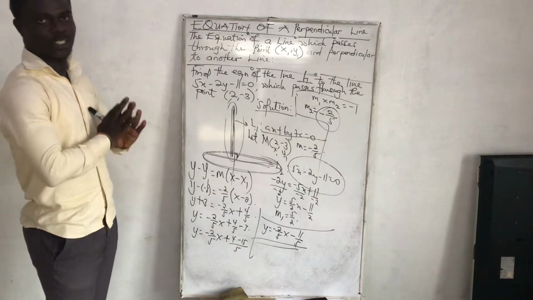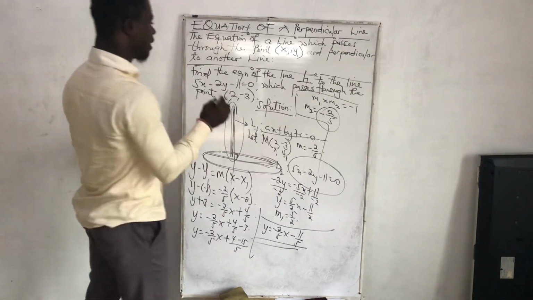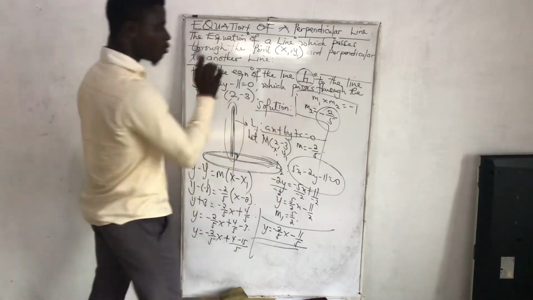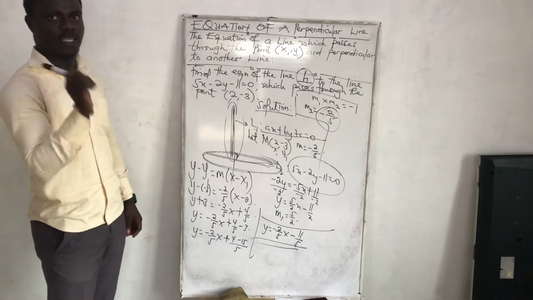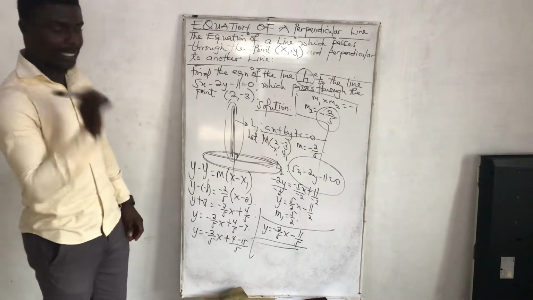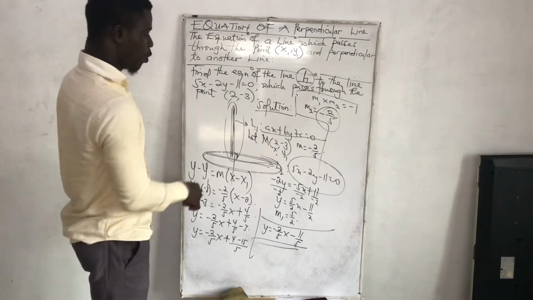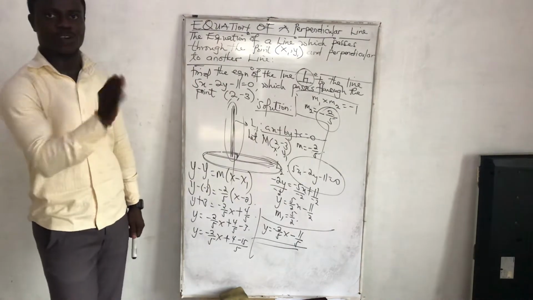No, you get it all wrong, because that is for parallel. And the question here says perpendicular. Because it's perpendicular, the product of their gradients must be equal to -1.